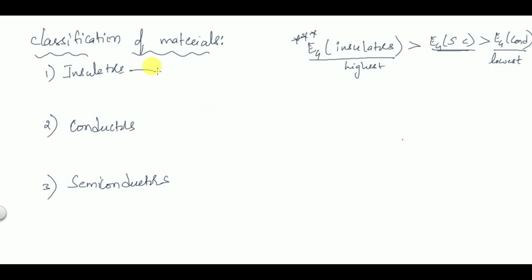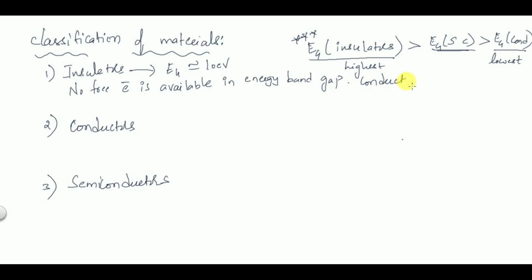For insulators, the energy band gap is very high, around 10 electron volts. So no free electron is available in the forbidden gap or energy band gap, which means the conduction band is almost empty.